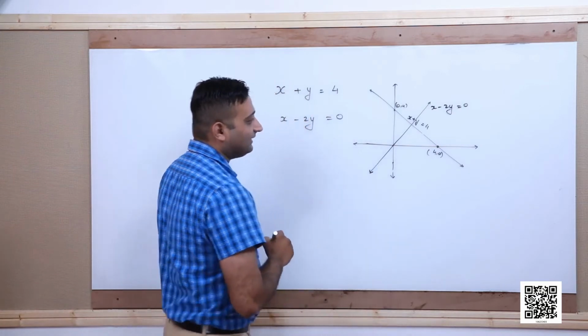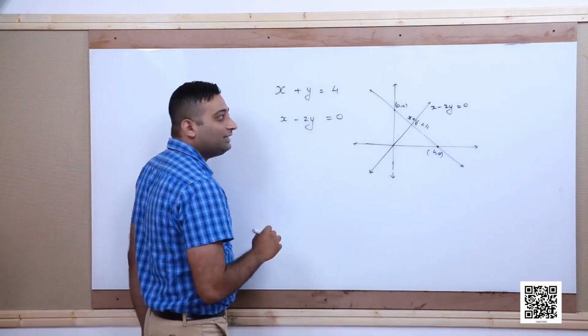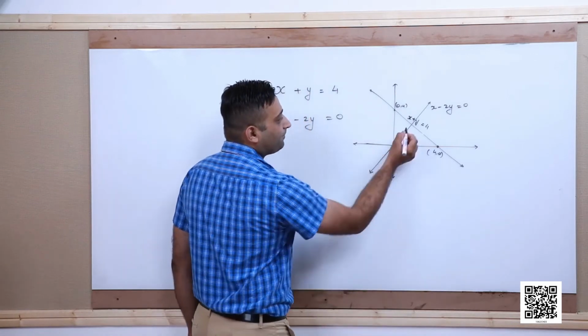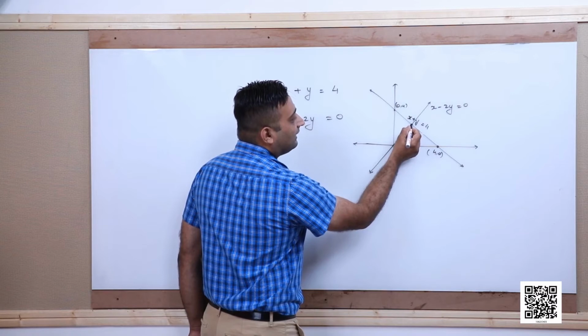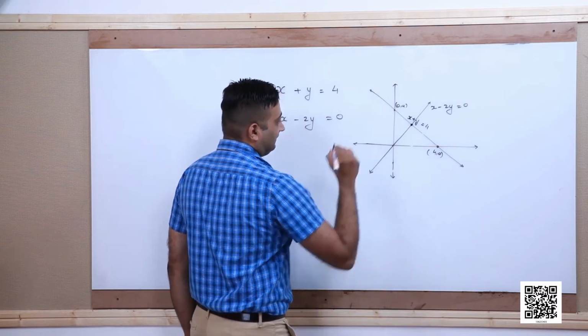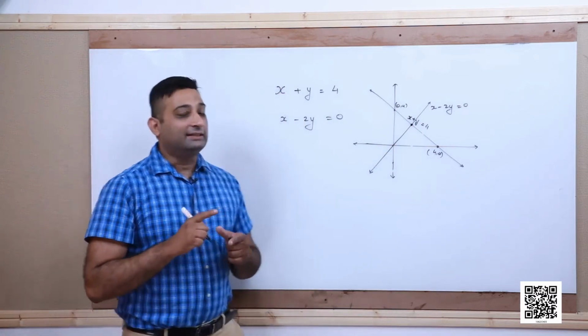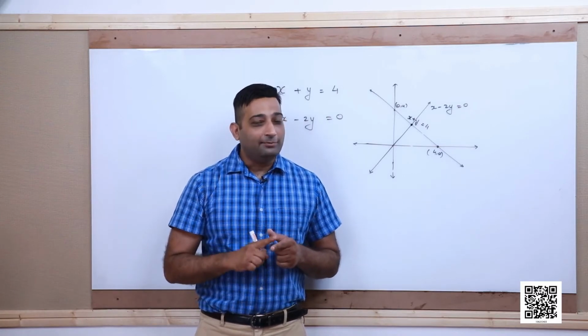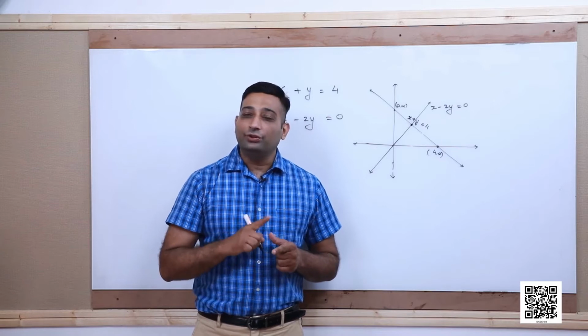We can see that the graphs of these two linear equations, when plotted on the same graph, represent intersecting lines. That means these lines have a common point, so they have a unique solution.